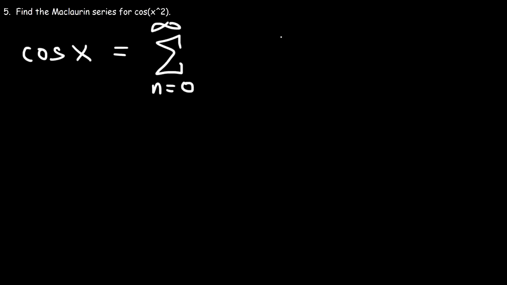Number 5. Find the Maclaurin series for cosine x squared. Based on the last problem, we saw that the Maclaurin series for cosine x was this expression. So it's -1 to the n times x raised to the 2n divided by 2n factorial.